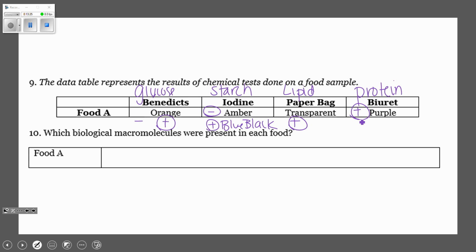Looking through here, food A would have glucose, lipid, and protein. Again, because each one of those indicators, the color of them indicates positive for the presence of that particular macromolecule.